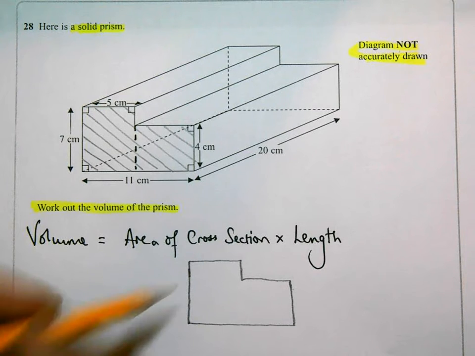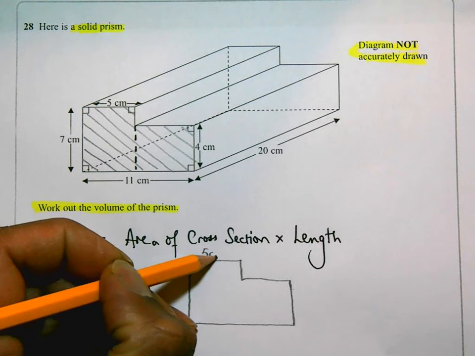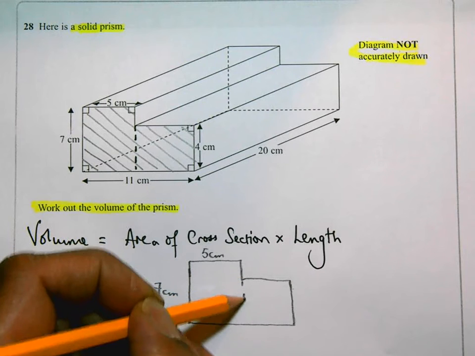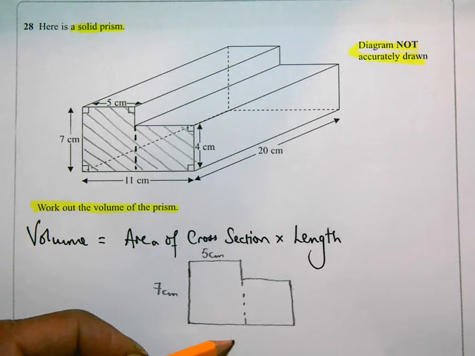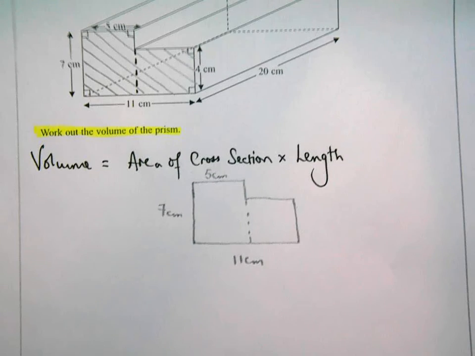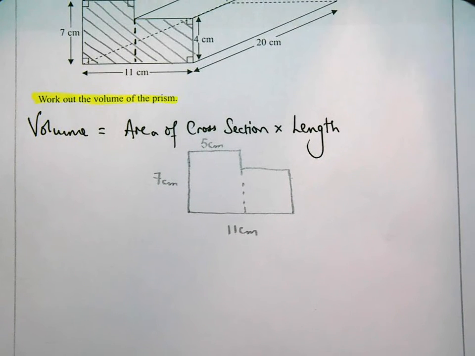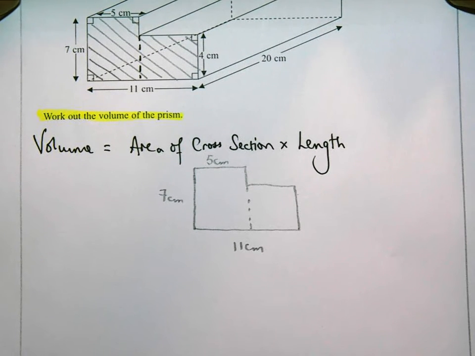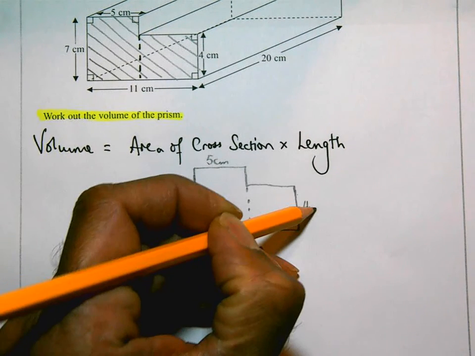I know that that distance there is 5 centimeters. That's 7 centimeters. I've split it over here. That's 11 centimeters down at the bottom. I'll move this up a bit. That's 4 centimeters.